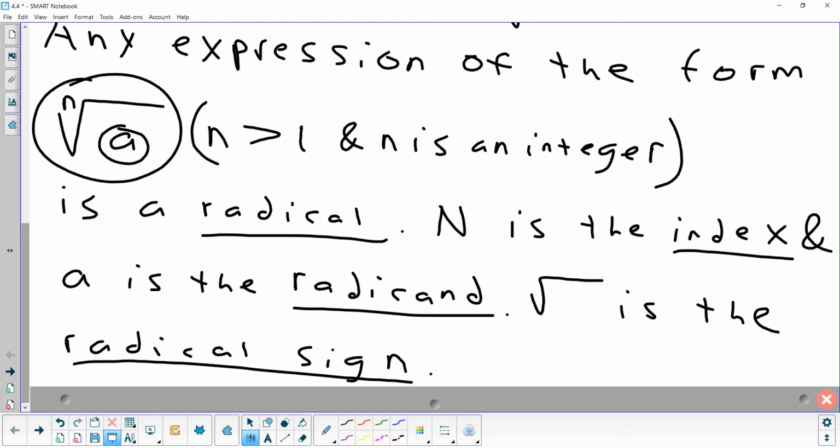And the check mark thing with the horizontal line, that symbol is called your radical sign. So just going over some of the vocabulary. Any questions on radical, index, radical sign, and the radicand? Any questions on those terms?